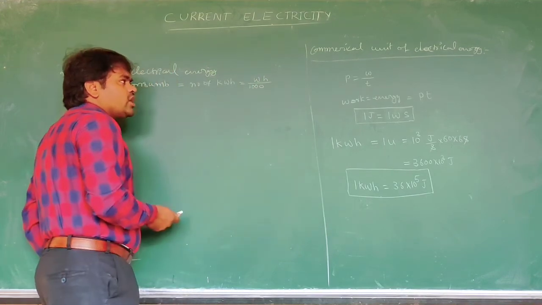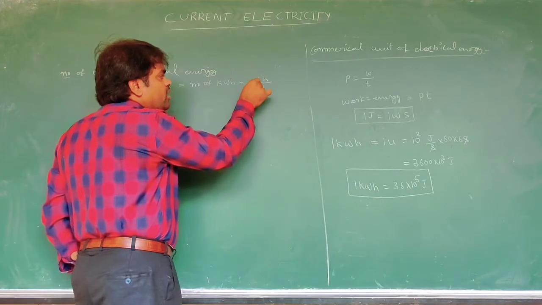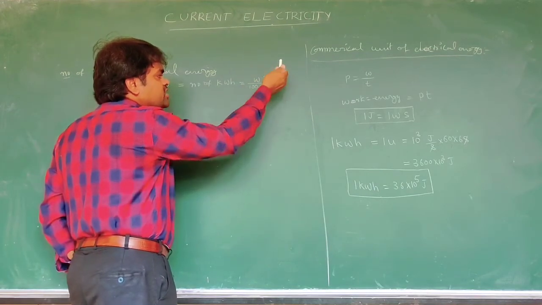Watt hour by 1000. That means power into hour by 1000 is the kilowatt hour.